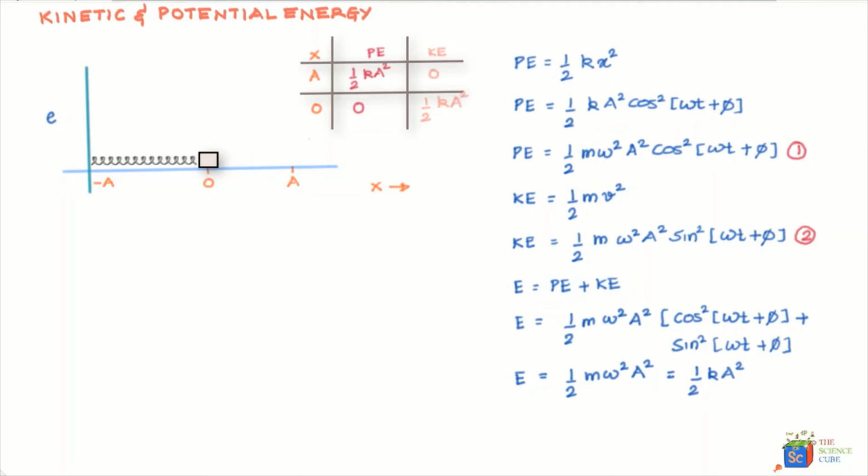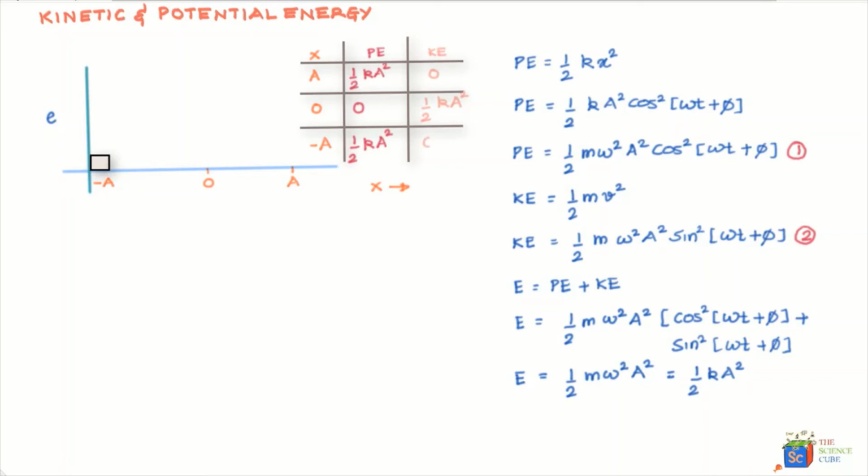As we know, at point O, the body does not maintain its position, it moves towards the negative side because it is ideal simple harmonic conditions where we consider zero resistance. So at negative A, the body again has potential energy, half kx square.